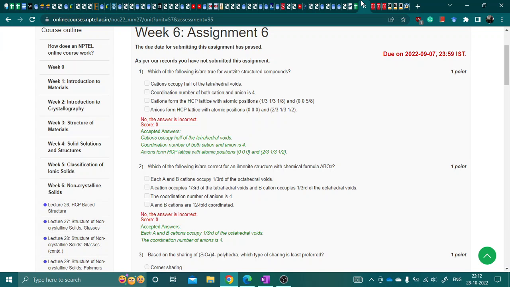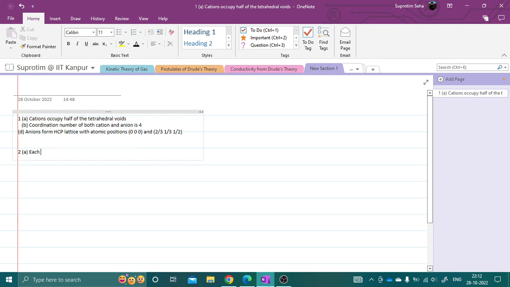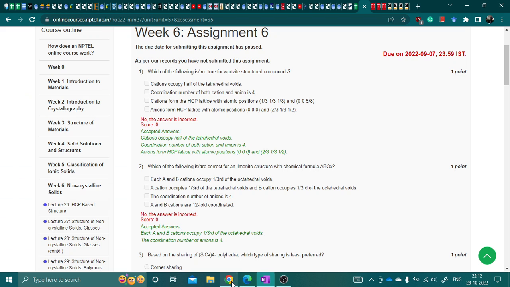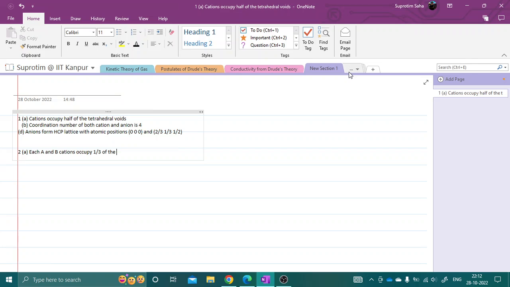So the second question, let's just write it in here. Each A and B cations occupy 1/3 of the octahedral voids.